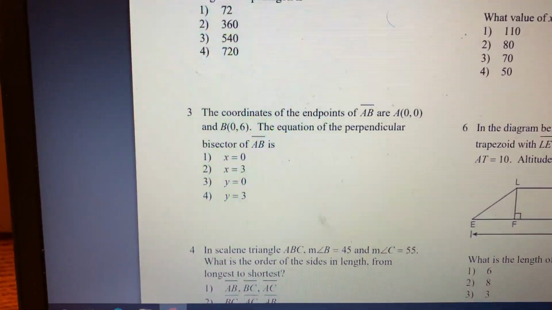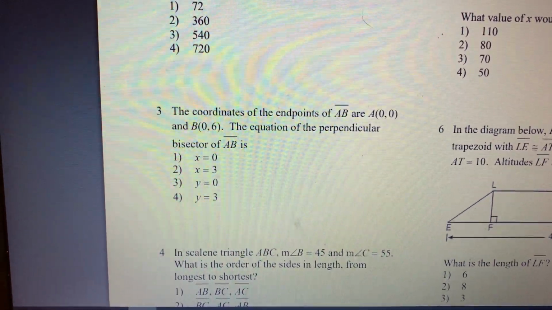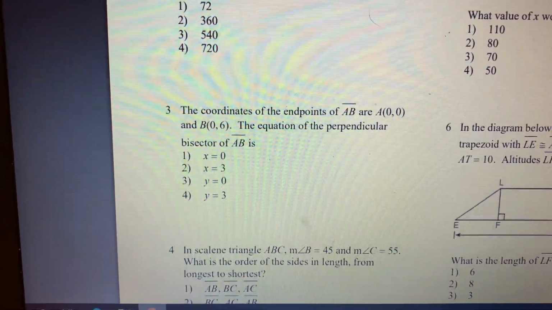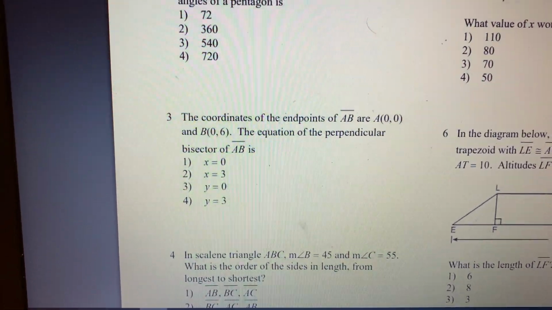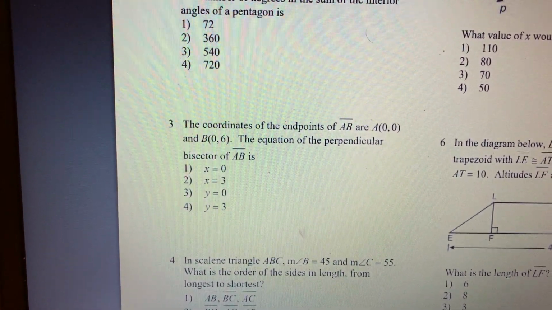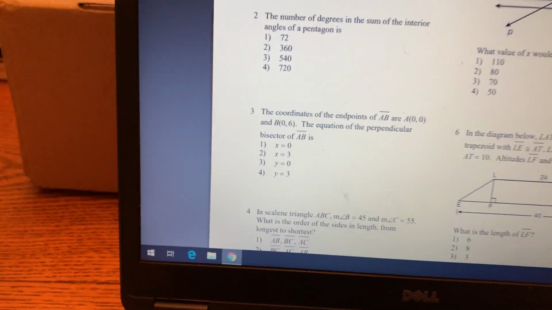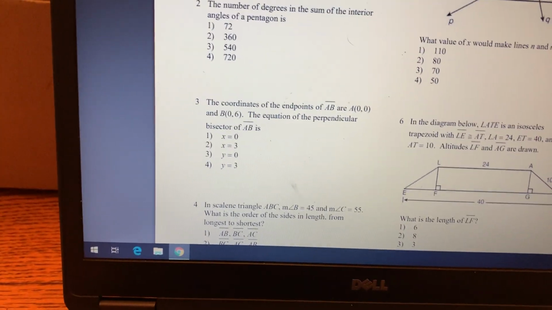So this is one of those problems where, again, we didn't necessarily learn this, but if you break it down to things that we have learned, hopefully it'll make it easier. It tells you the coordinates of line segment AB. So I'll go ahead and draw a coordinate plane and plot them.